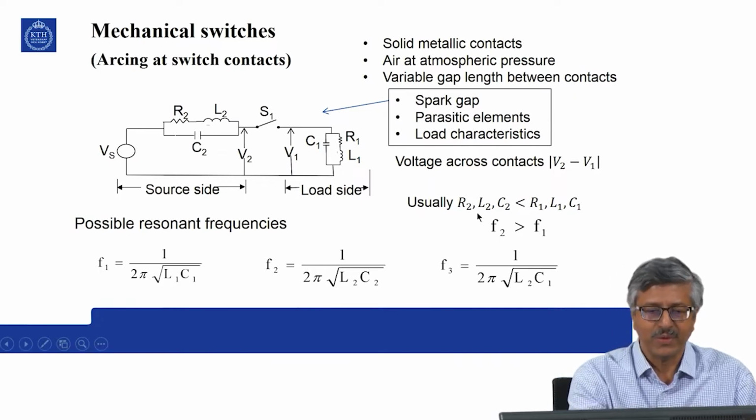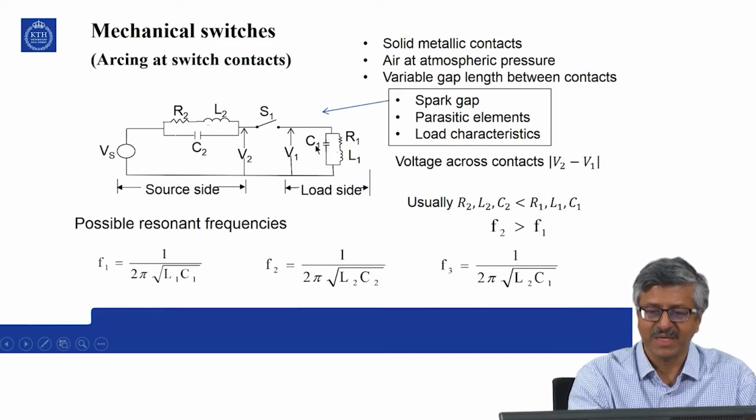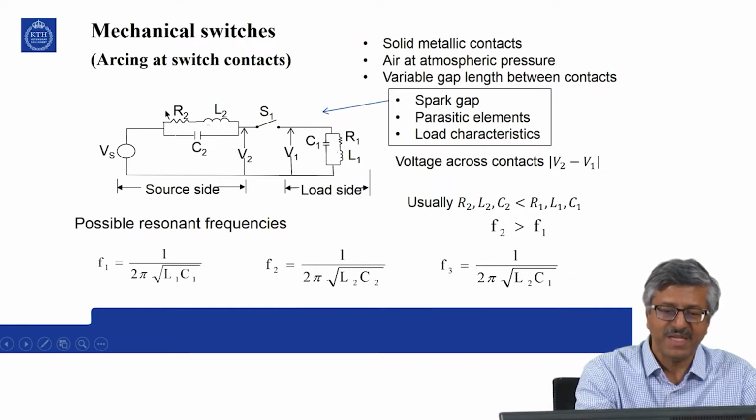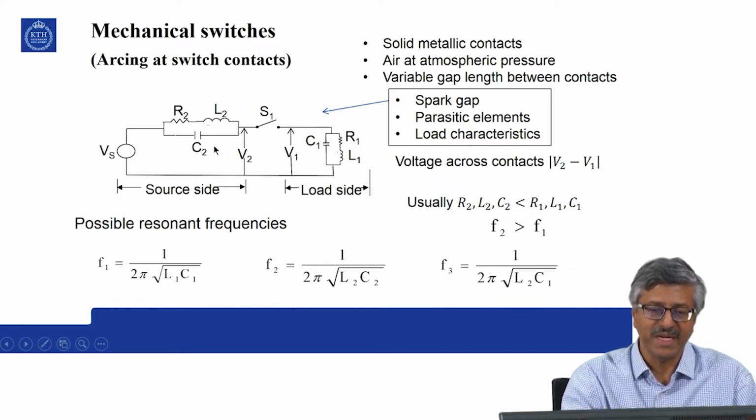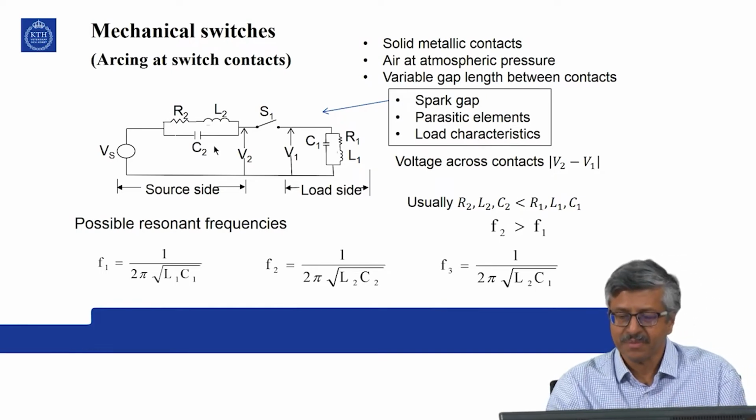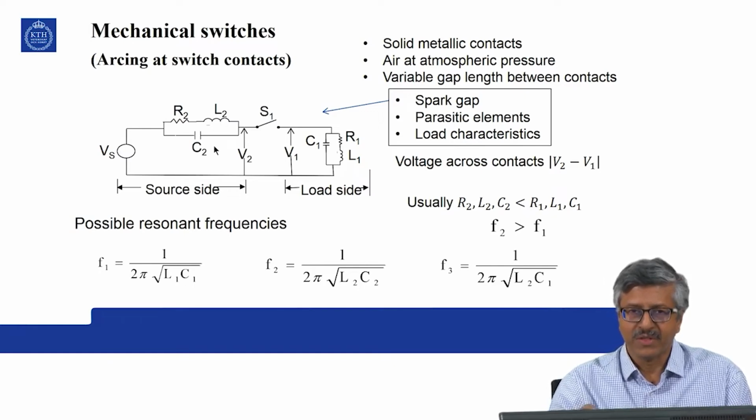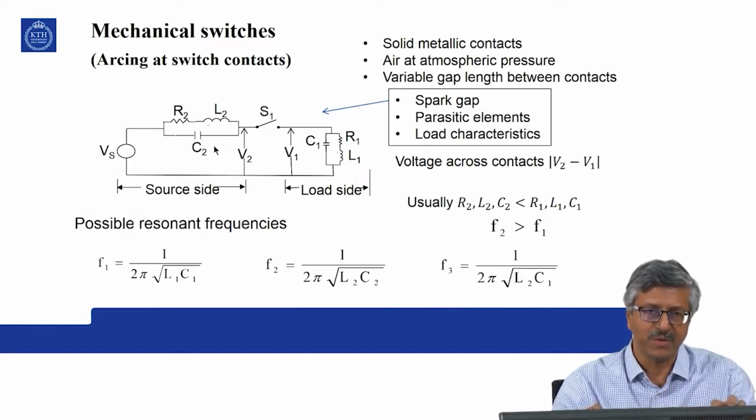R2, L2 and C2, these are far less than these values, because these are load, more intentional. These are mostly represented by the parasitic elements leading up to the switches. So, I am talking of the switch and the connected circuitry that are required to mount the switch onto a bus bar or some other things.